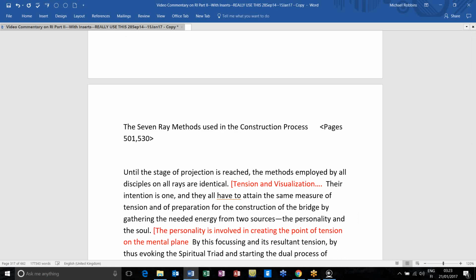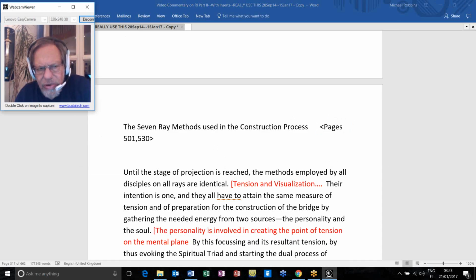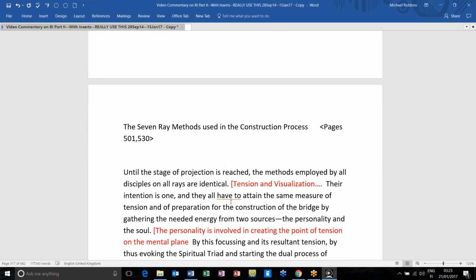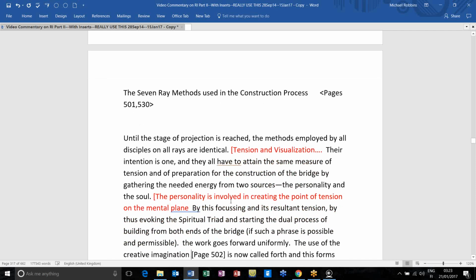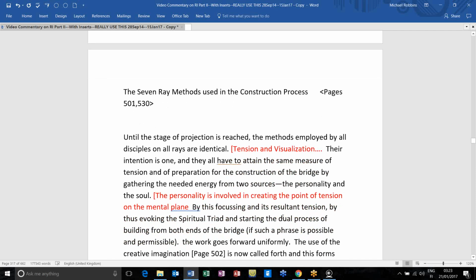By this focusing, remember what tension is, you know, focused, immovable will. The idea of focus is very strong there. Focus, immovable will. By this focusing and its resultant tension, by thus evoking the spiritual triad as the tension of the lower evokes the attention of the higher, as we have learned, by thus evoking the spiritual triad and starting the dual process of building from both ends of the bridge.